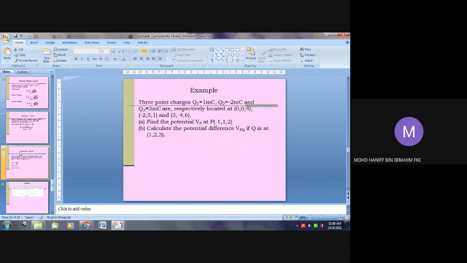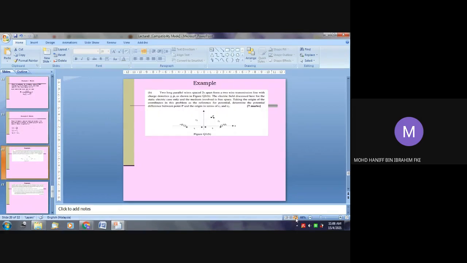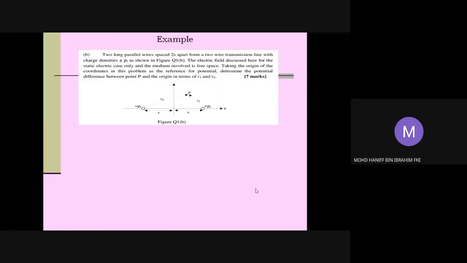Okay, so let's have a look at a new example. I'm not sure, but this is a test question from an exam a few years back. We are given two long parallel wires, and the space between these two wires is 2s.